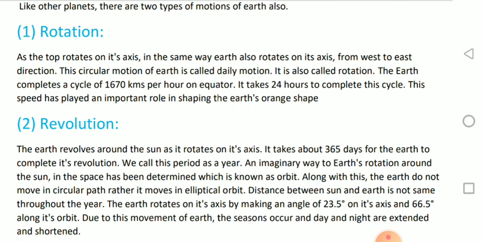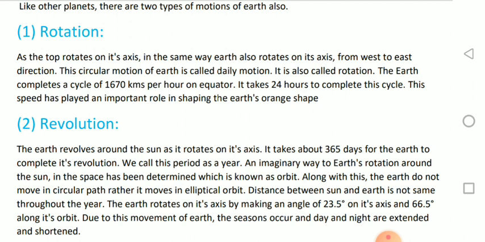Which direction? West to east direction. This circular motion of earth is called daily motion. It is also called rotation.